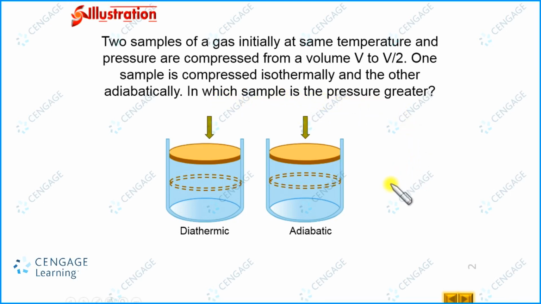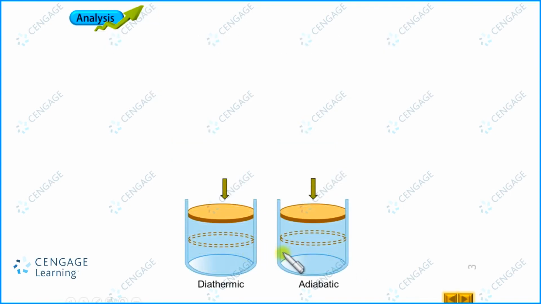Okay. So let us move to the analysis part. These are the two containers, and here V initial equals V. Let us assume the initial volume in both cases is V, and the final volume is half the initial volume, that is V by 2. That means the ratio of the initial volume to the final volume can be written as V initial to V final equal to 2.